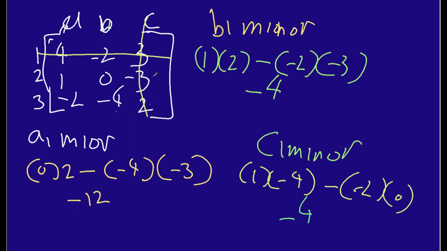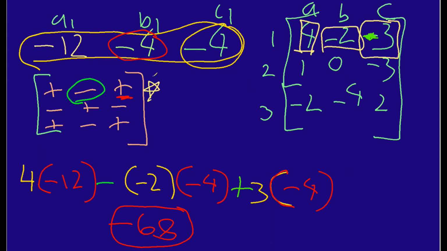So you find what we call these minor determinants, where you take different combinations of 2x2 matrices to find the determinant for a particular value inside that matrix. Now, after you do that, you do some addition and subtraction to find the determinant for the entire matrix.